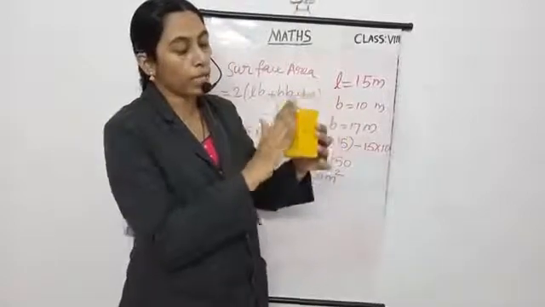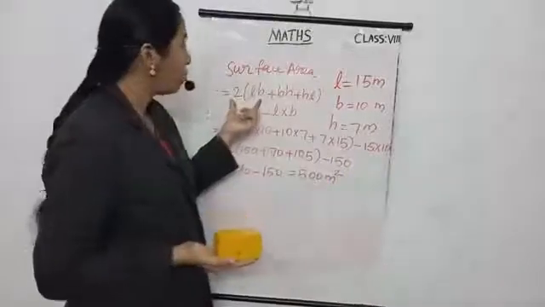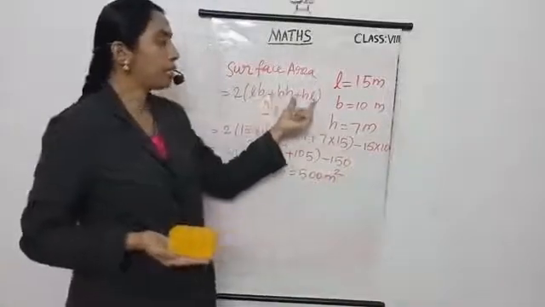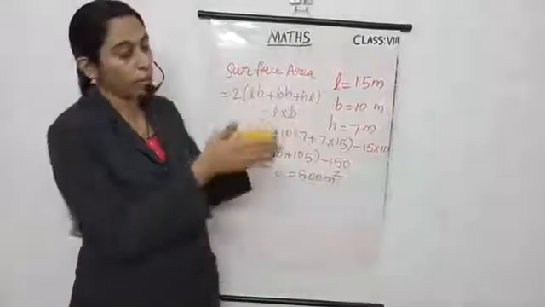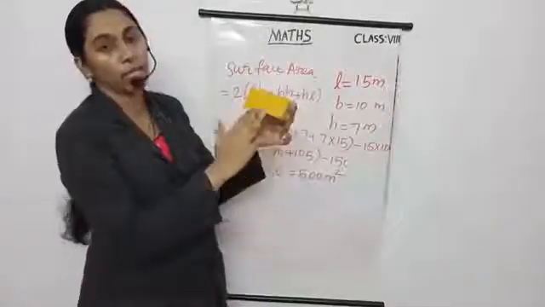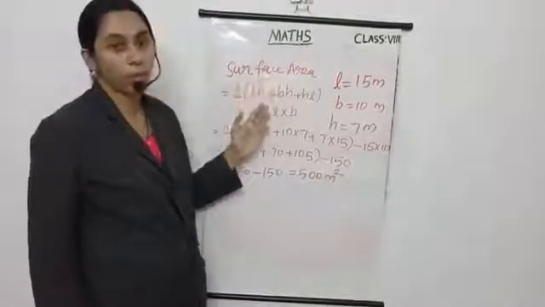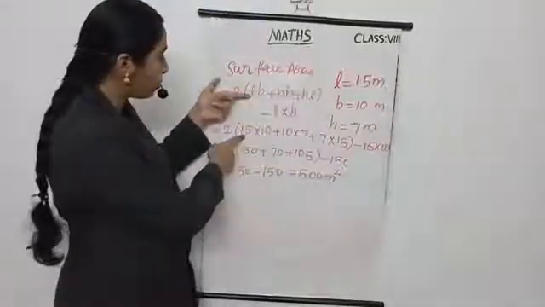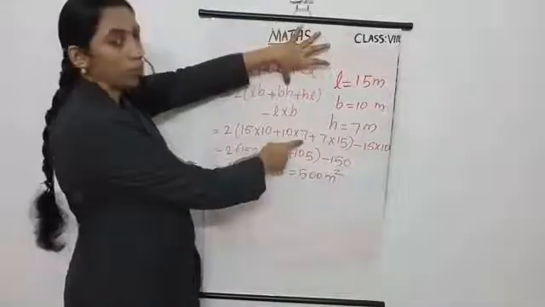So avoid this face. So 2 into LB plus BH plus HL minus L into B. L into B means the area of this face. Now substitute the values in this equation. L 15. So 15 into 10 plus B 10 into H 7.